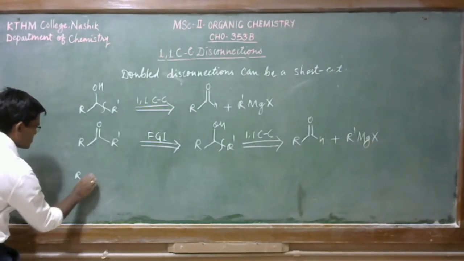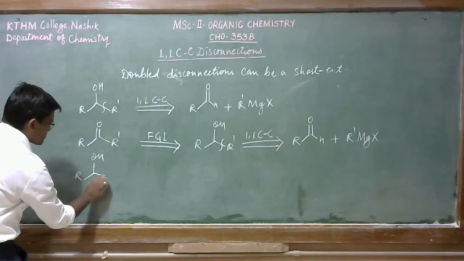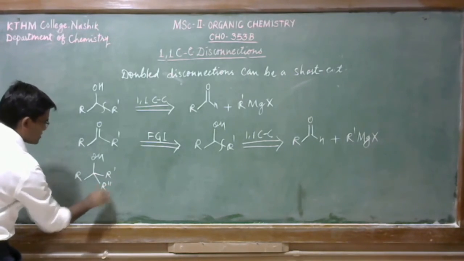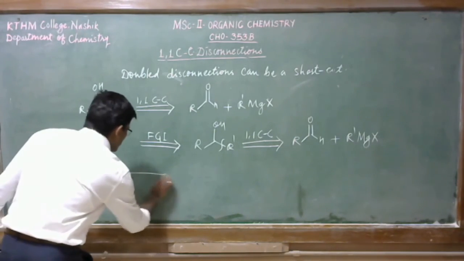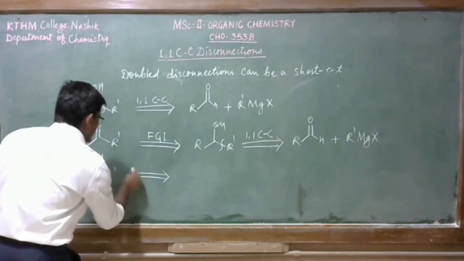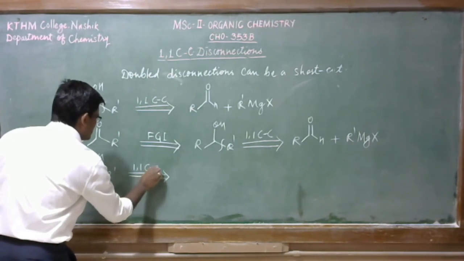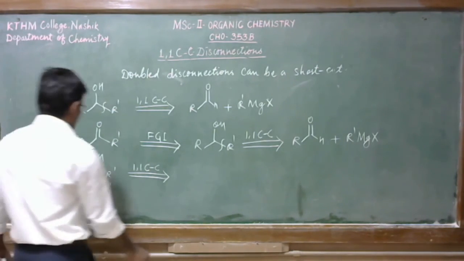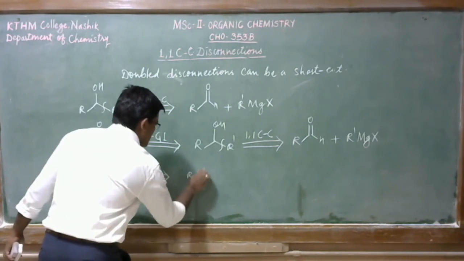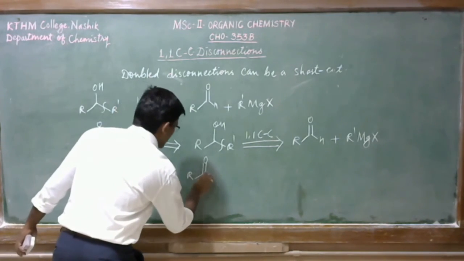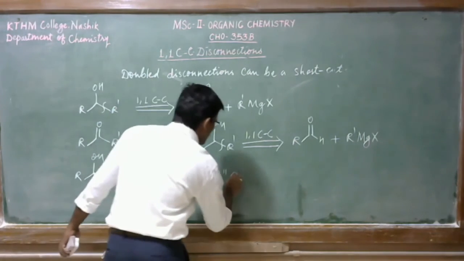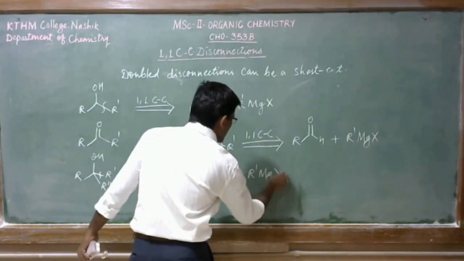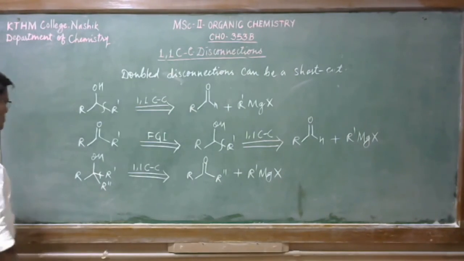We consider a tertiary alcohol with R1, R dash and R double dash. So it has a 1,1 disconnection. Let's say this one. So we would get this ketone plus this RMgX. This is a tertiary alcohol.